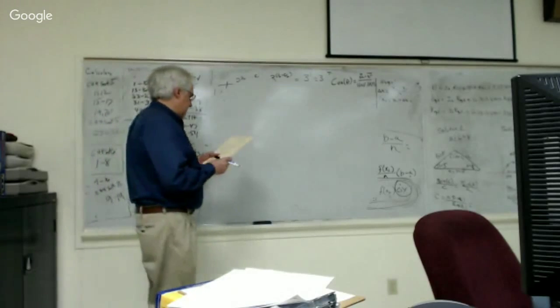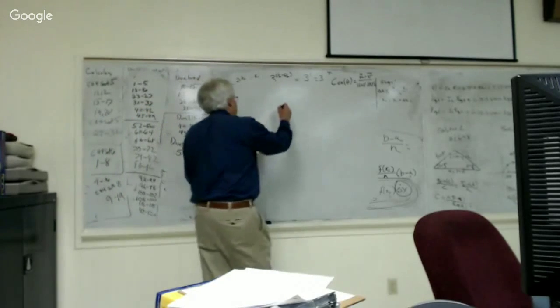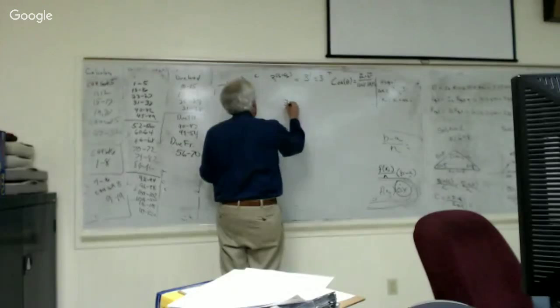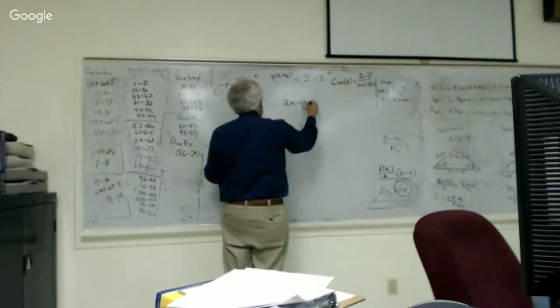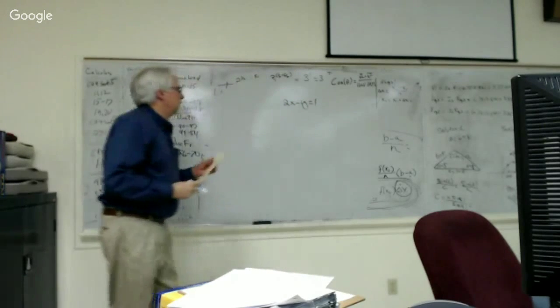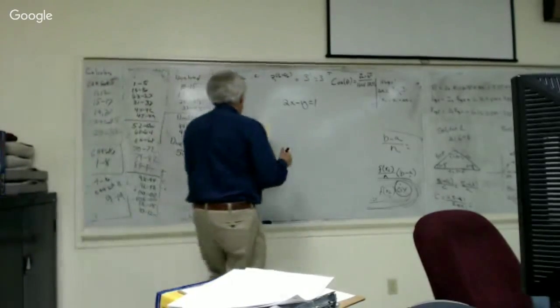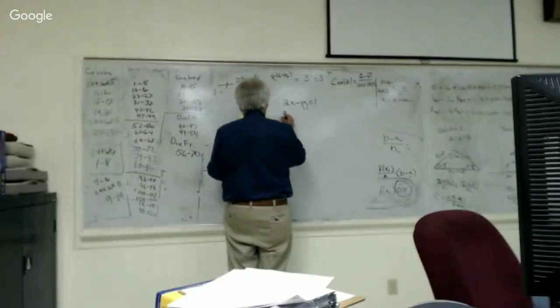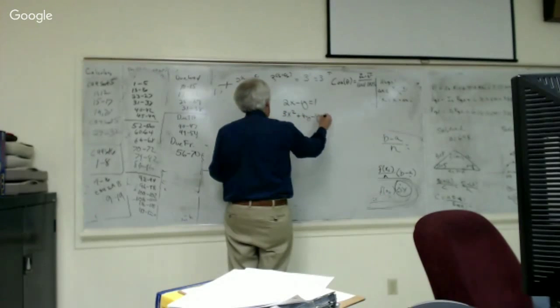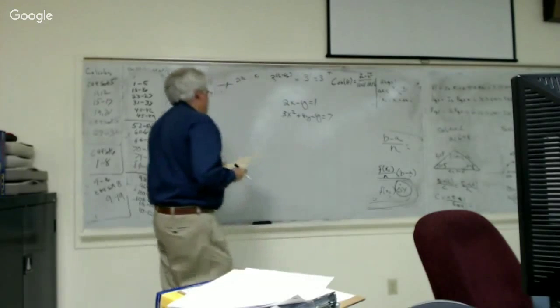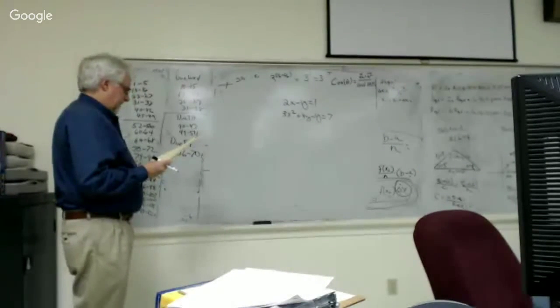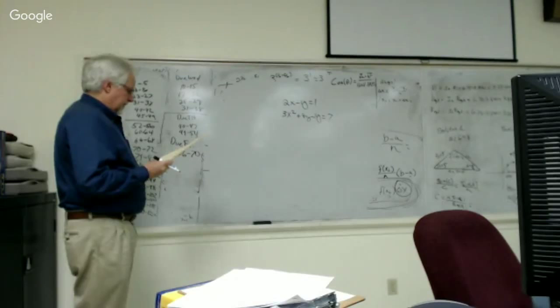You might have something a lot more complicated. Let's say you had 2x minus y is equal to 1. Is that one still linear? Yes. But the other one might be 3x squared plus 4x minus y equals 7. Is that one linear? No, that one is not linear.